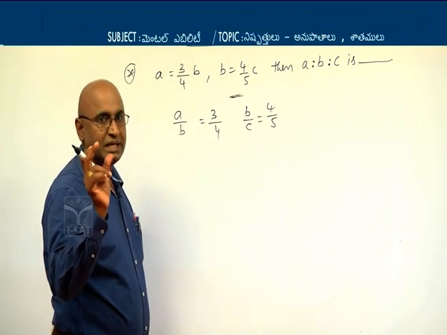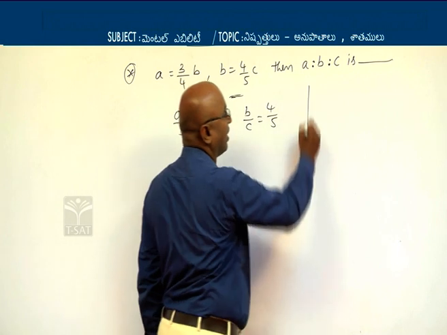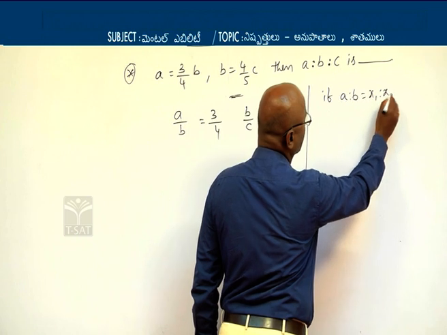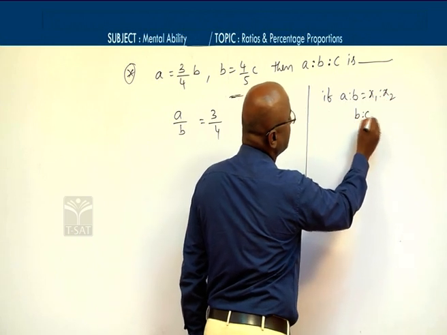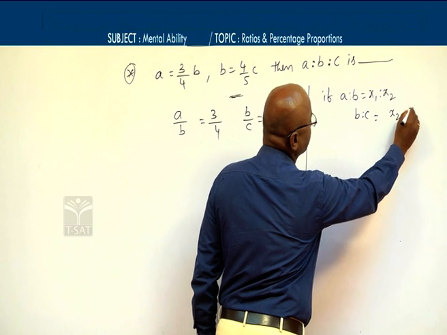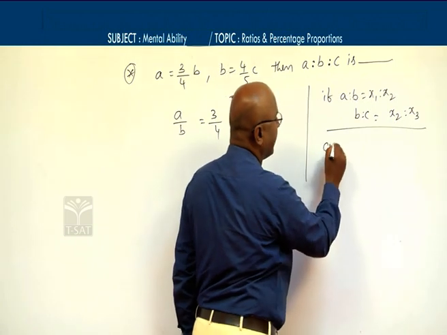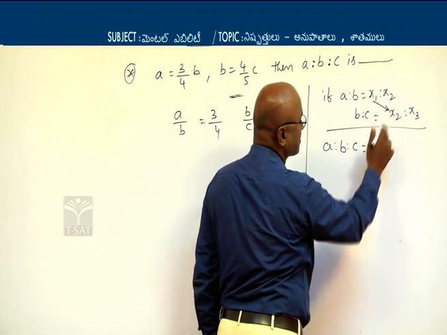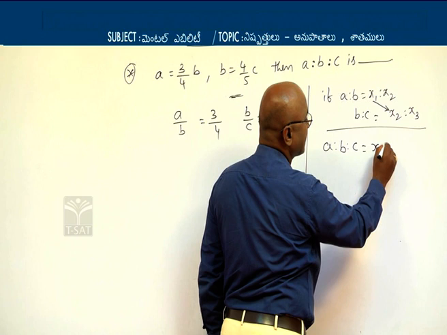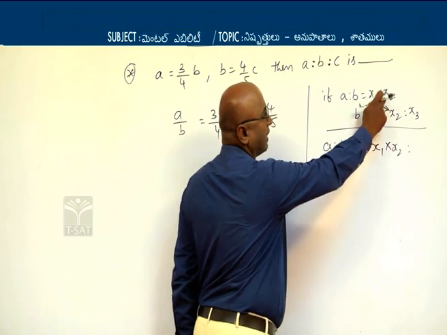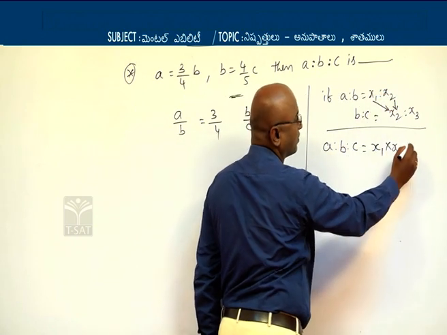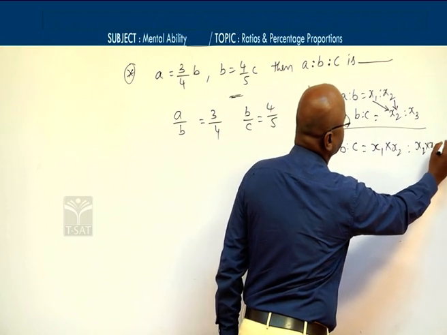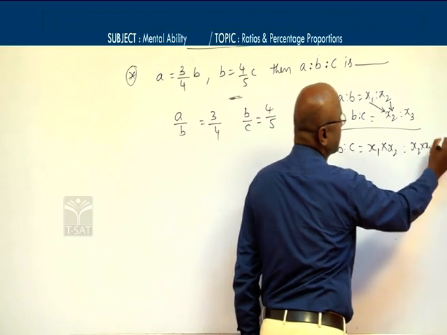Now, in order to find out A is to B is to C, there is a formula. If A is to B is equal to x1 is to x2 and B is to C is equal to x2 is to x3, then A is to B is to C is equal to x1 into x2 is to x2 into x2 is to x2 into x3.